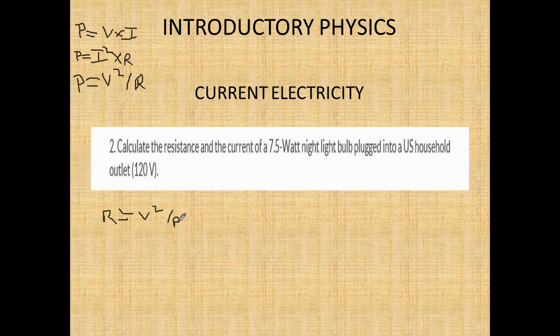So the voltage is 120, so it's 120 squared, 120 times 120, and you're going to divide by 7.5. The power is 7.5 watts.